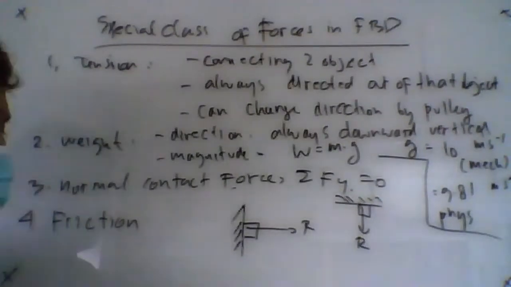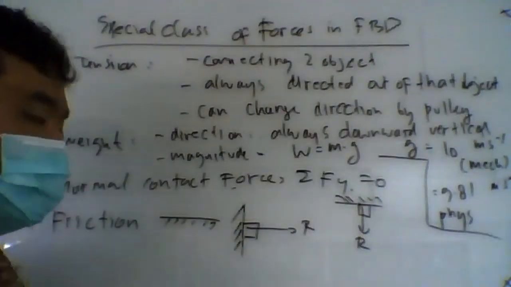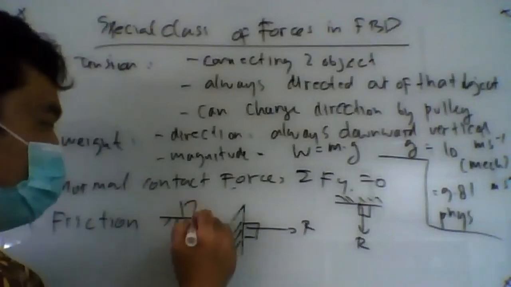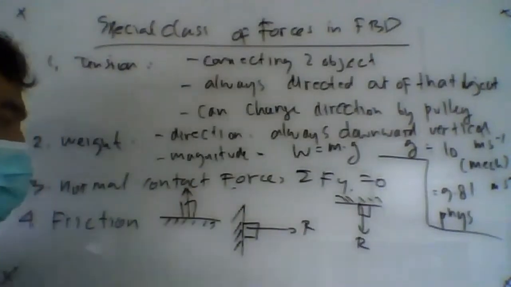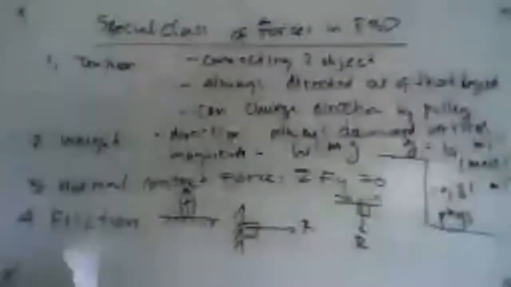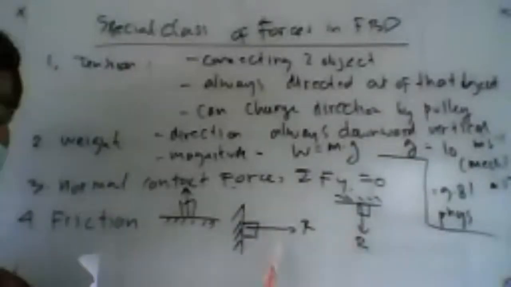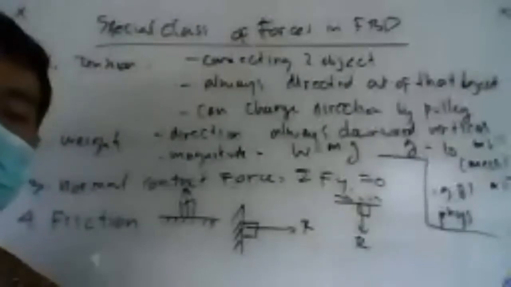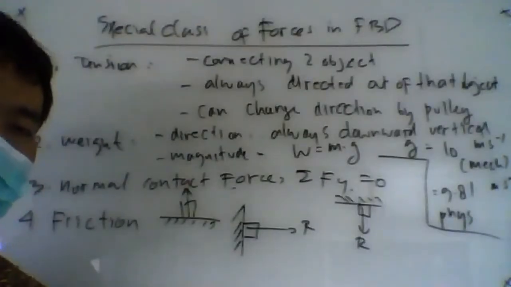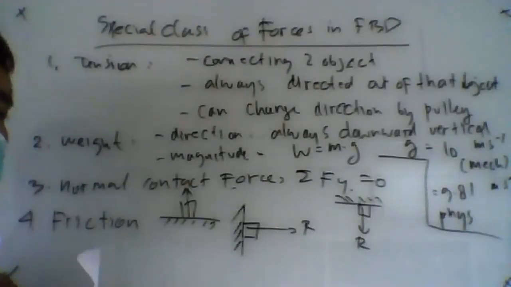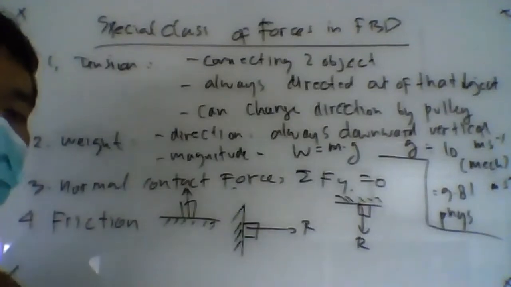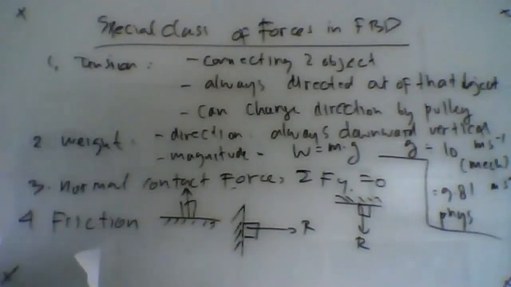Although normally you're going to have a surface that is downward and an object going up. By far, this is going to be our most normal condition. But these two are possible, depending on the situation. What is more important is that it is always perpendicular to the contact between the object and the surface.